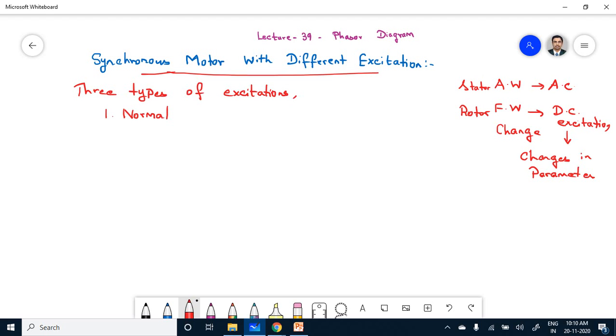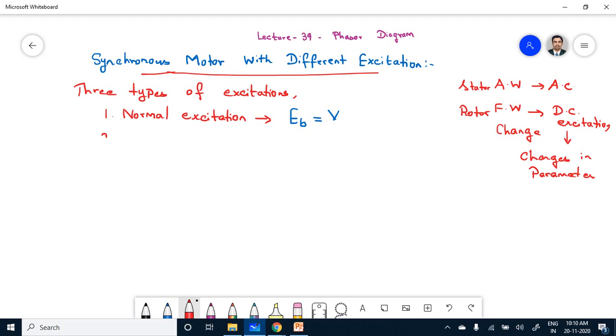The meaning of excitation is supply, input. In normal excitation, the back EMF, that is EB, is equal to the terminal voltage V. That is known as normal excitation.